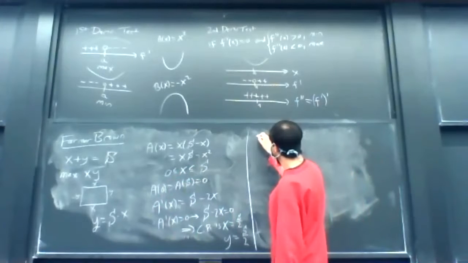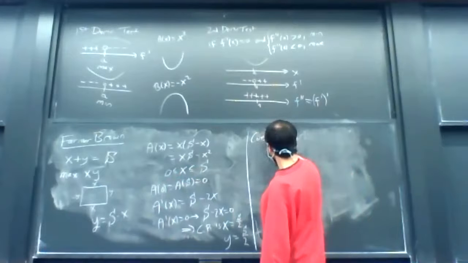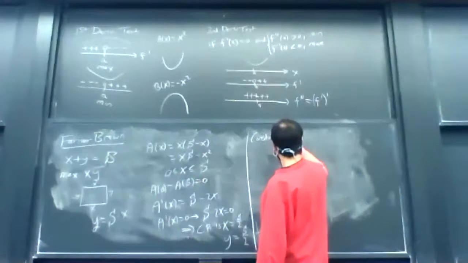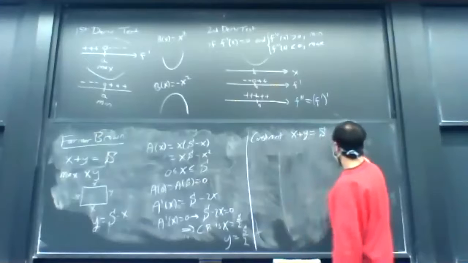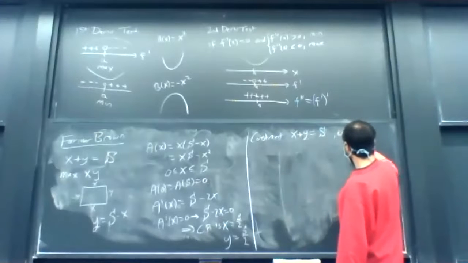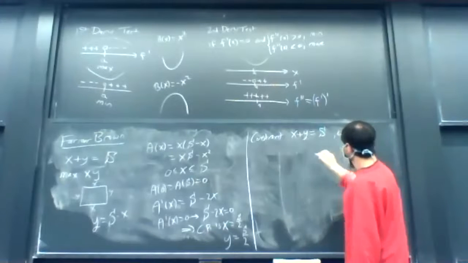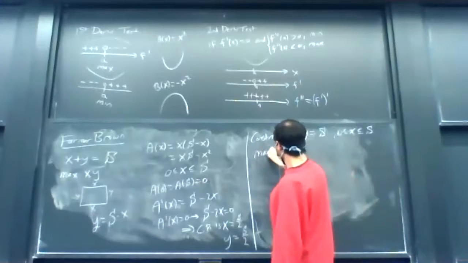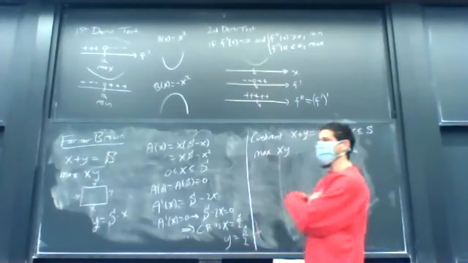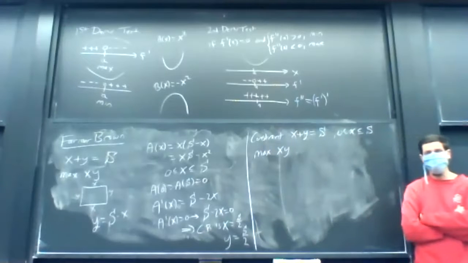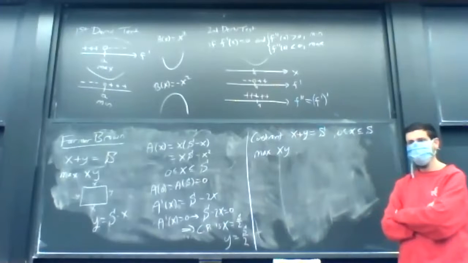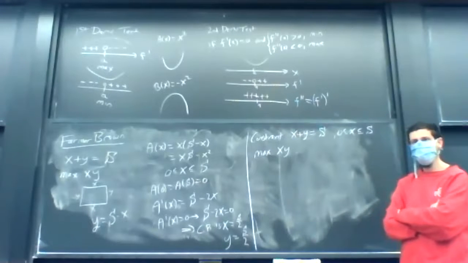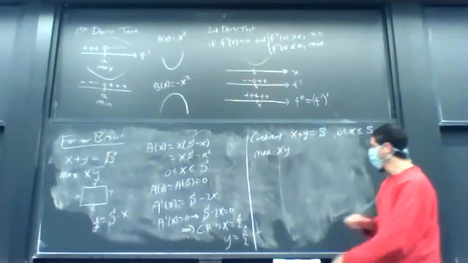So we have the constraint x plus y equals s, with 0 less than or equal to x less than or equal to s. And we want to maximize x times y. So what kind of shape is x plus y equals s? It's a line.